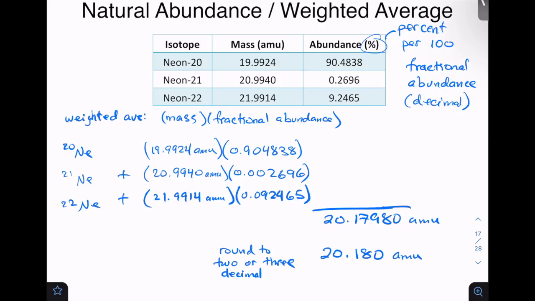So the fraction would be 0.33, 0.33, and 0.33. But these are not equal, right? We're told what the abundance is, so we just factor it in. But the math is exactly the same. Okay? The good old plug-and-chug, all right? Just know how to do the math. Understand what the math is telling you.